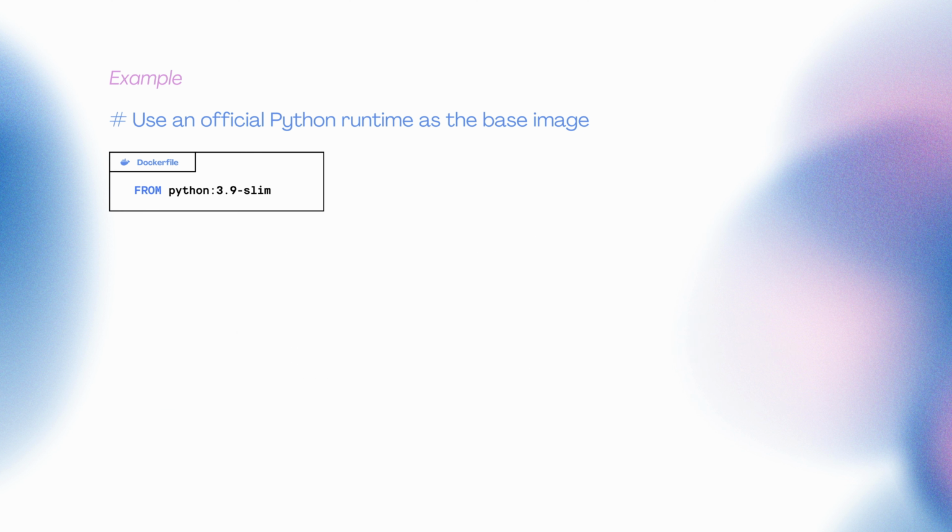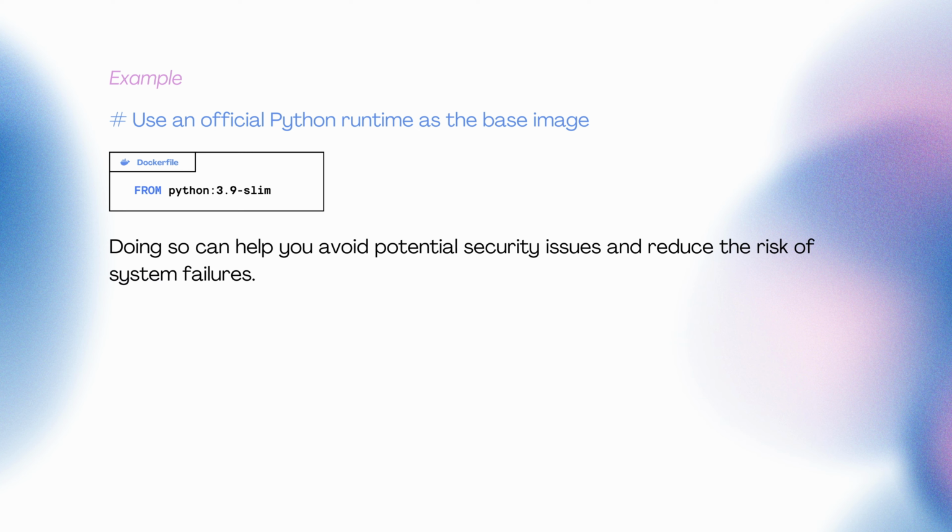For example, we could use the simple Python 3.9 slim version as the Python runtime for your base image, like in this example below. Doing so can help you avoid potential security issues and reduce the risk of system failures.